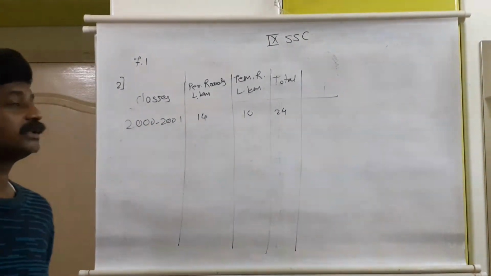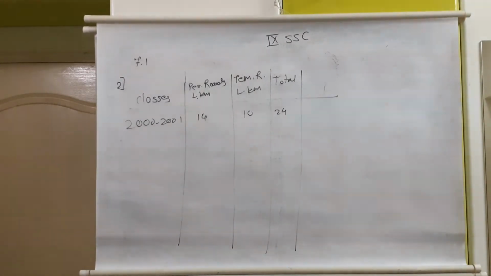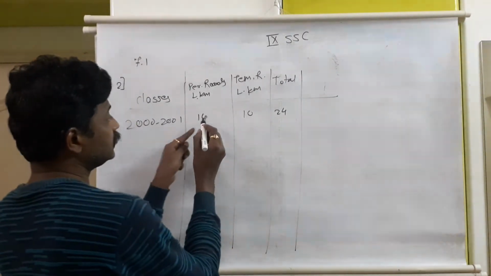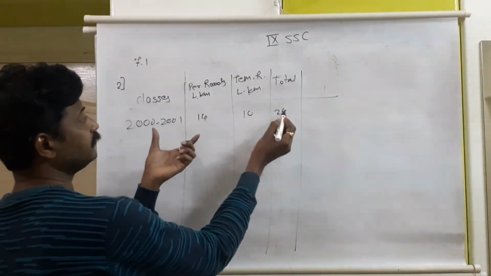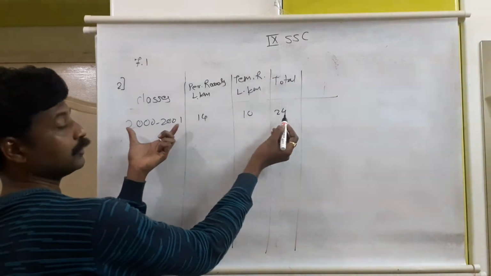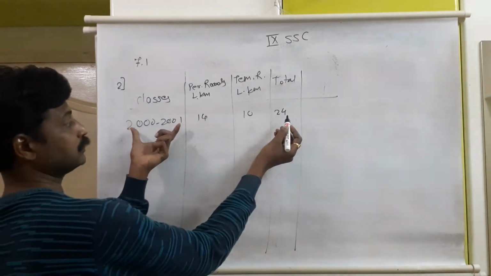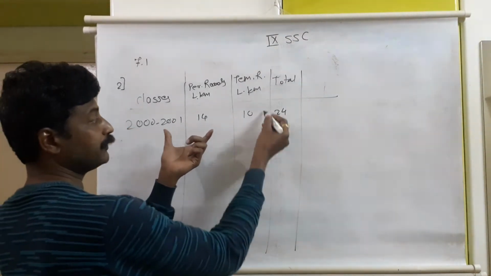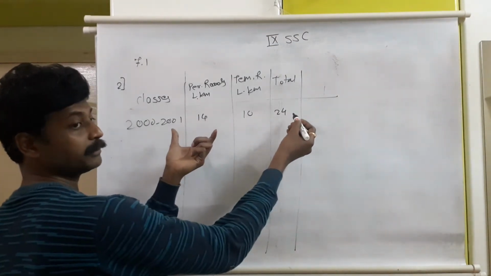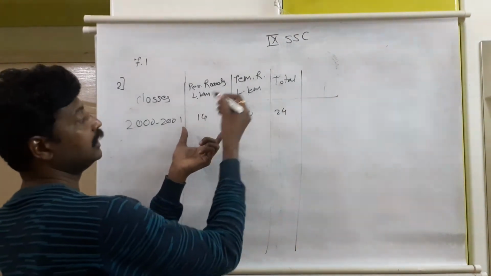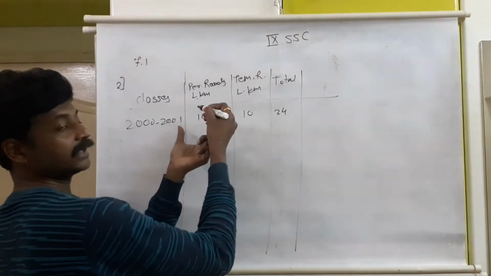Now we will convert this into percentage because it will be needed for the percentage bar graph. 24 lakh kilometer road was available in 2000 to 2001. Out of 24 lakhs, how much was permanent? 14 lakhs.